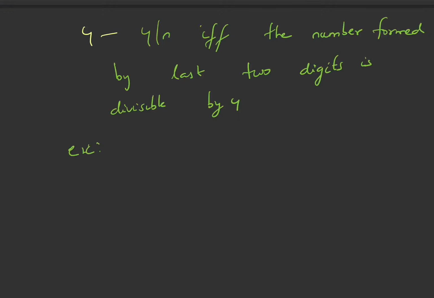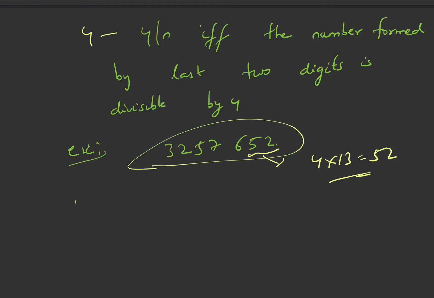For example, let us say 325764652 is the number given to you and I ask whether this is divisible by 4 or not. You just need to check the last 2 digits, that is 52. Is 52 divisible by 4? Yes, 4 into 13 is 52. So definitely this number is divisible by 4.